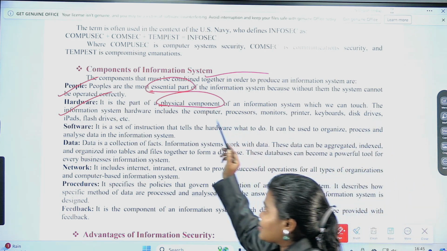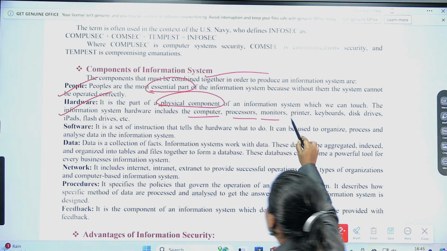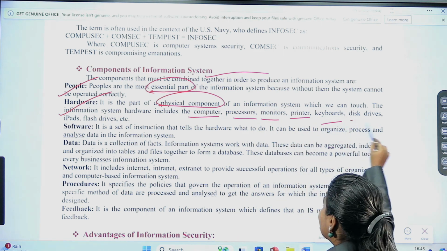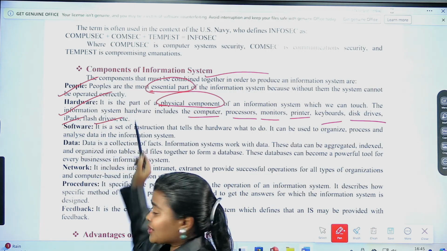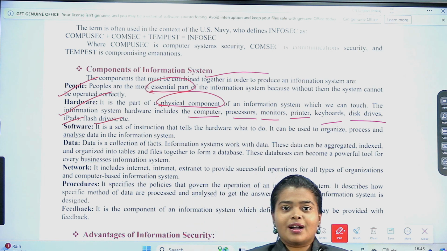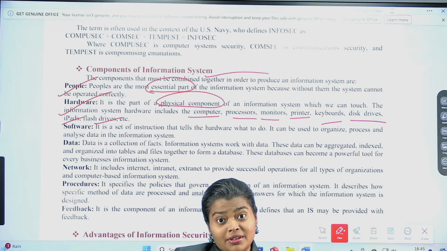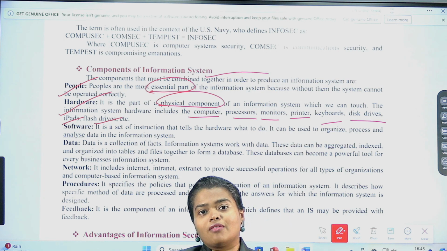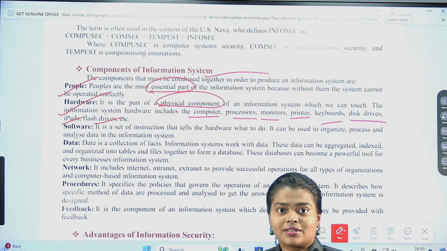The information system hardware includes the computer, processors, monitors, printer, keyboards, disk drives, iPads, flash drives. These are examples of hardware, and we use all these hardware in our information system to store our complete information, our data.